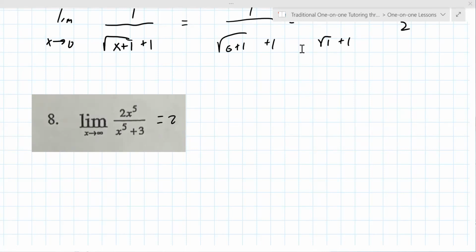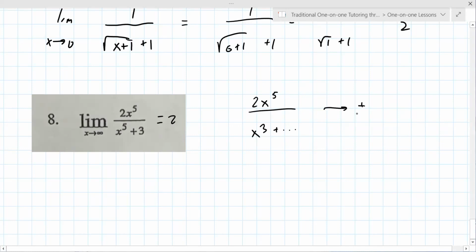If the numerator is greater than the denominator, like 2x to the 5th over x cubed plus something, this goes to plus or minus infinity. And if it was the reverse, it would be 0. Yes. Okay.